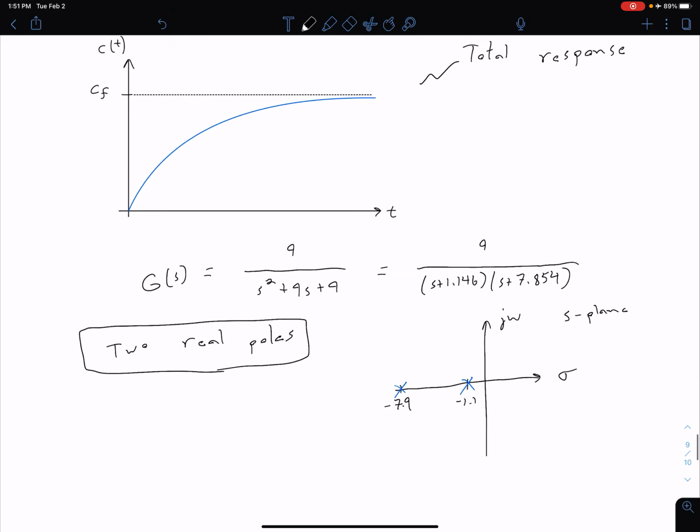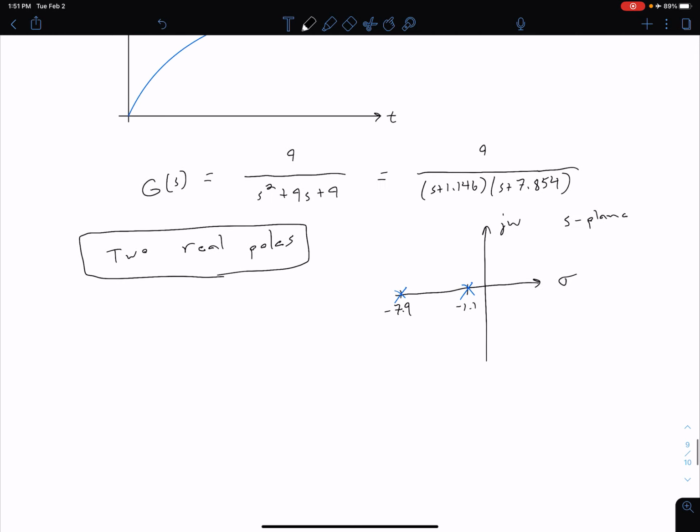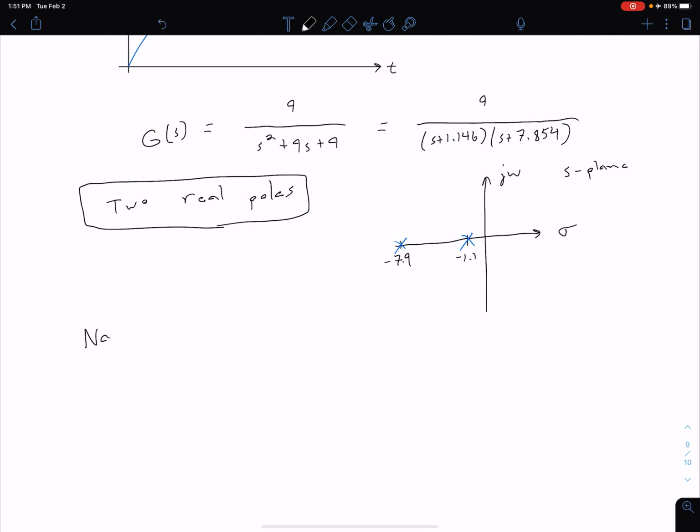So above we plotted our total response, as shown here. Our natural response for an overdamped system is going to have the following form: c(t) is equal to some constant k1 times e to the minus sigma 1 t, plus some other constant k2 times e to the minus sigma 2 times t.